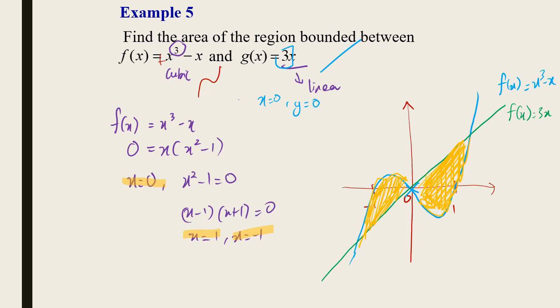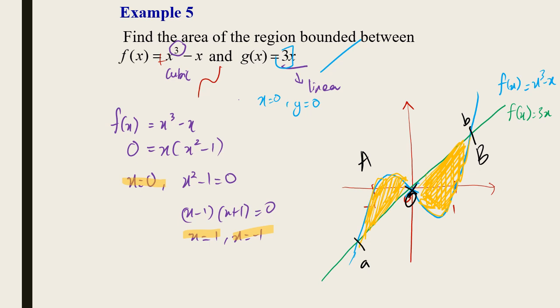Let's say this is part A, this is part B, two different areas. But now what we need to do is to find the intersection. Here we know already it's 0. So we just have to find these values A and B here.